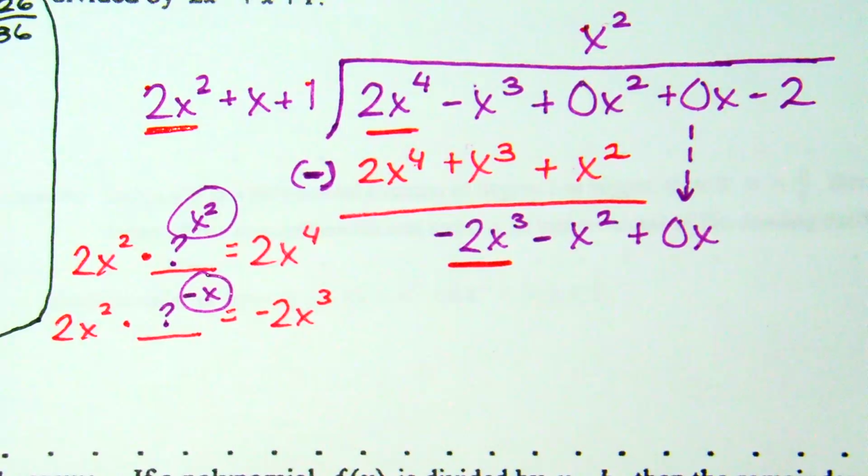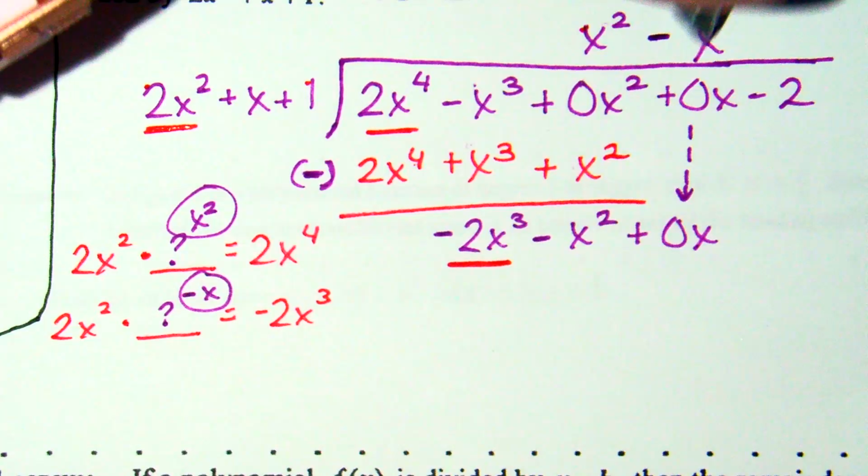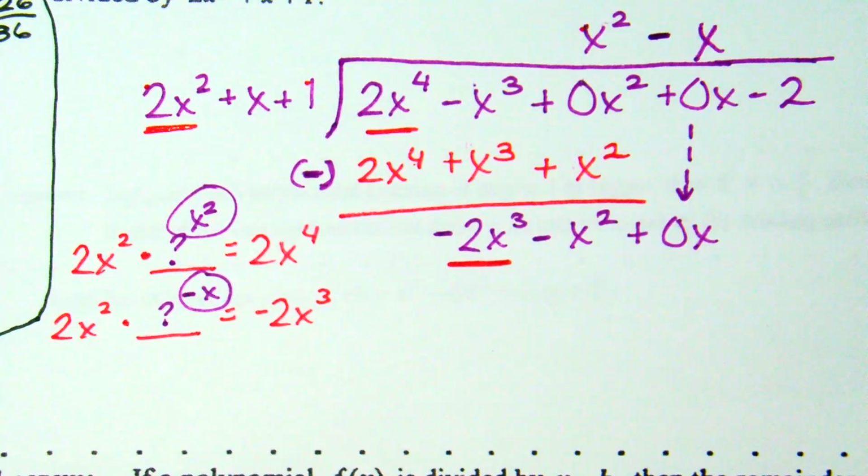Does that make sense there? 2x squared times negative x would give me negative 2x to the third. So what about that negative x? It goes where? Okay, it's going to be in the next spot, which actually makes it the fourth term in. And I'm going to put minus x, which is the equivalence of negative x. Notice, negative x is over my 0x term, so I've got like terms lined up. What do I do with this negative x now?